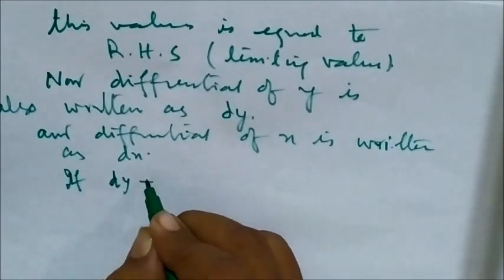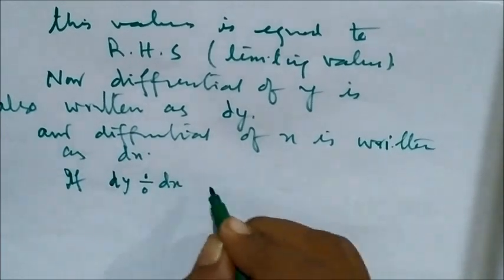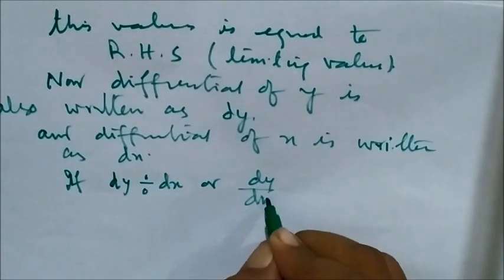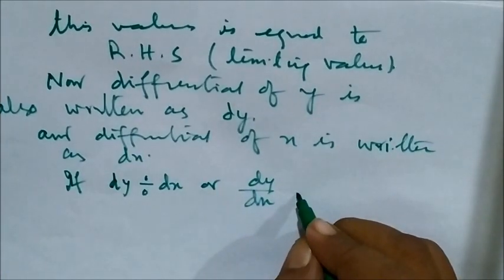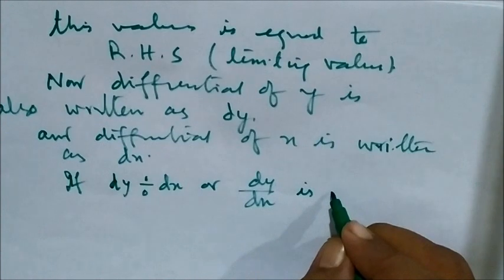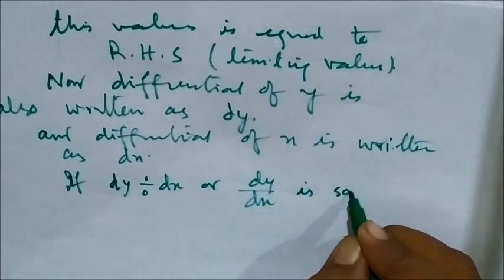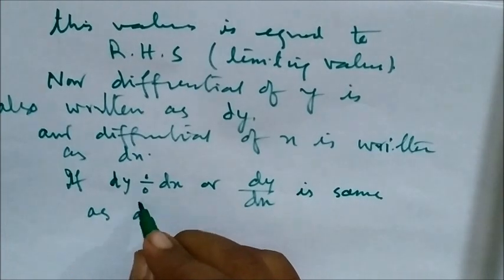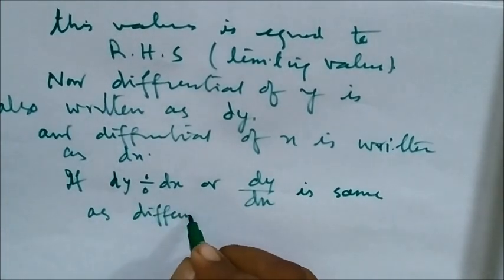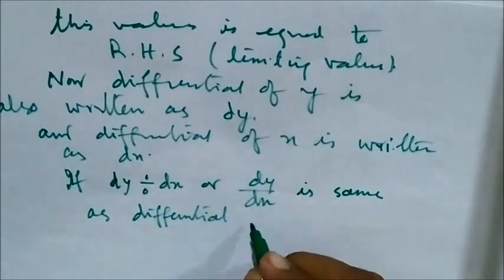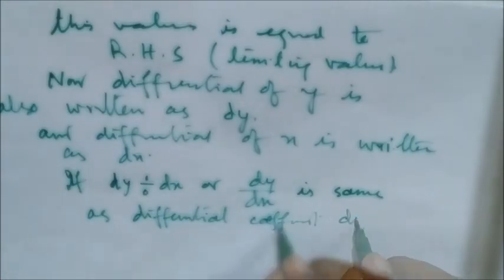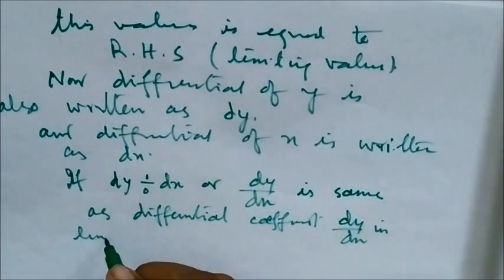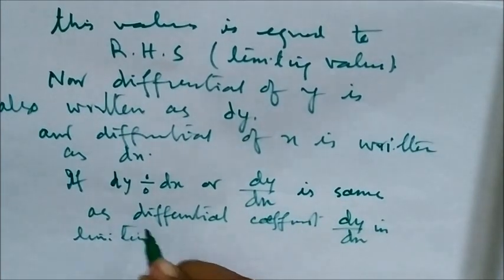Dy divided by dx, or dy by dx, is the same as the differential dy by dx in the limiting position.